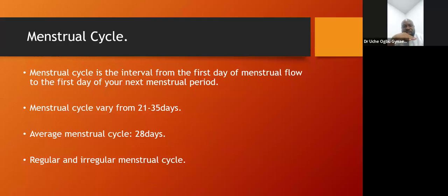So if you have a menstrual cycle of 24, 23, 25, 26, even 32, and it's cyclical, it's normal. If there is a change in the days, and that change is not more than 7 days, it's normal. For example, you used to have 28 days, and in some months you experience 30 days. That is also normal.